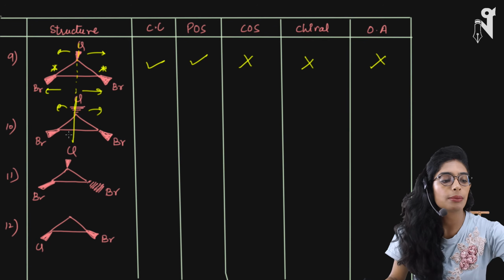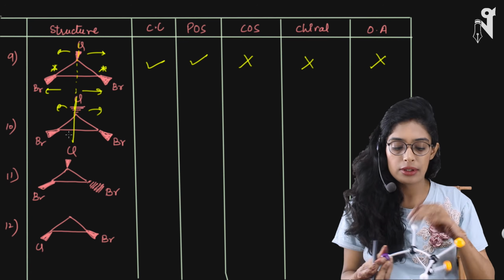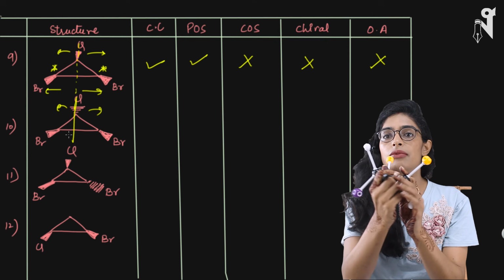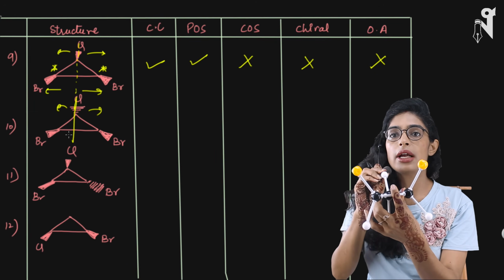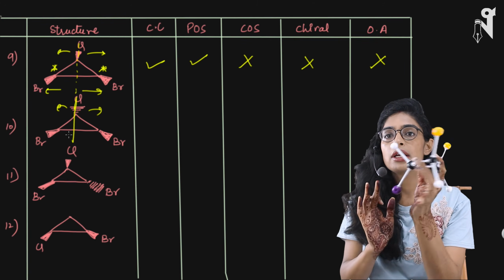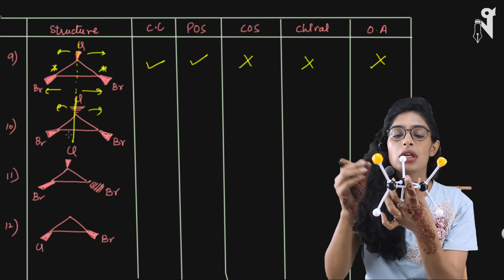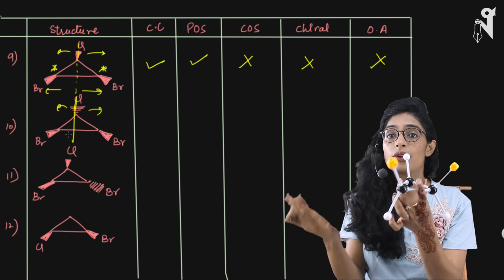Let me just show you how exactly it is, in case you want assistance. This is how it is. Two bromines on the top, one chlorine down here. I will cut it like this. So this hydrogen half will go this side, half will go this side. This chlorine will go half this side, half this side.